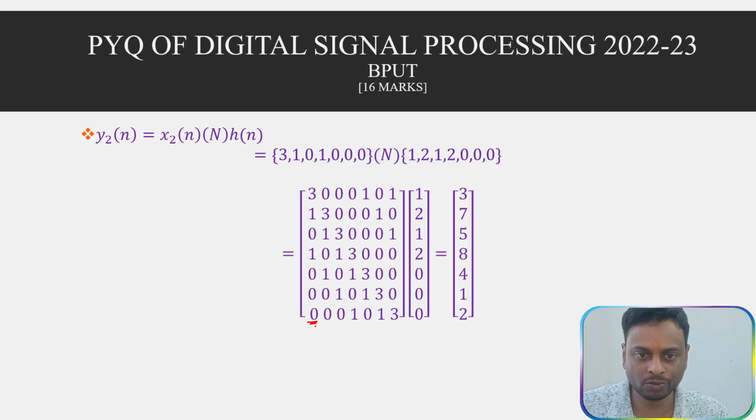The same you can do over here; this is the matrix multiplication. This 0 comes over here, then 3 1 likewise, then all the data will be shifted like this. Likewise you can do, and then multiply with h of n. So this is our y2 of n.